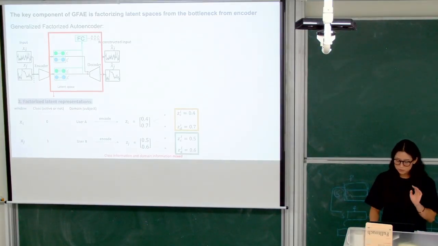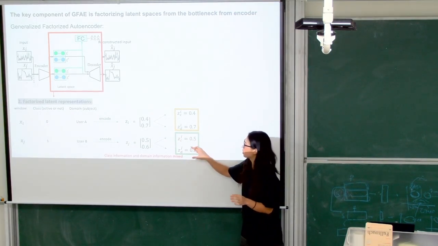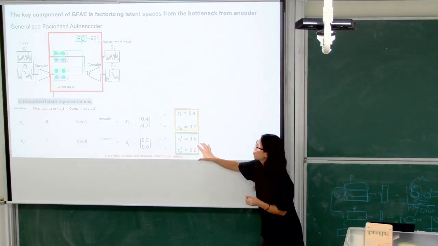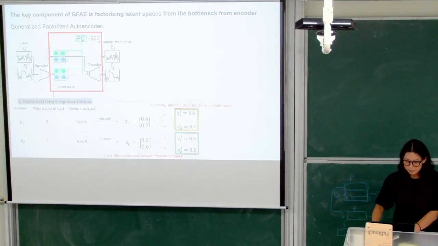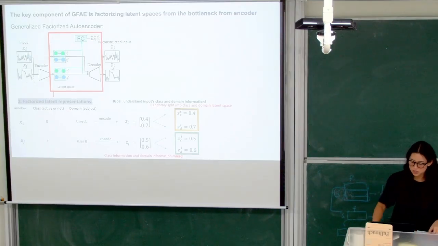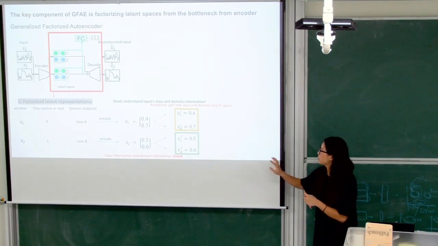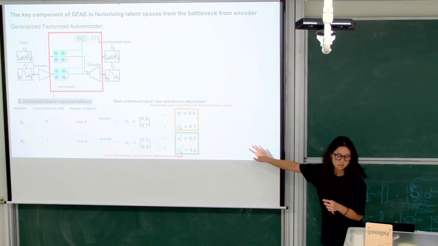So what we first do is randomly split it in half. It doesn't have any information right now, but it randomly splits them. Our goal is to understand inputs, class, and domain information by optimizing the latent space.